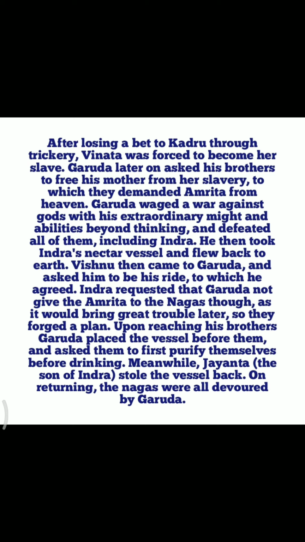So Indra tells Garuda to ask the Nagas to perform ablutions before drinking the nectar. So the Nagas go to the river to take a bath, and meanwhile, Jayanta, the son of Indra, stole the vessel back. On returning, the Nagas were all devoured by Garuda.